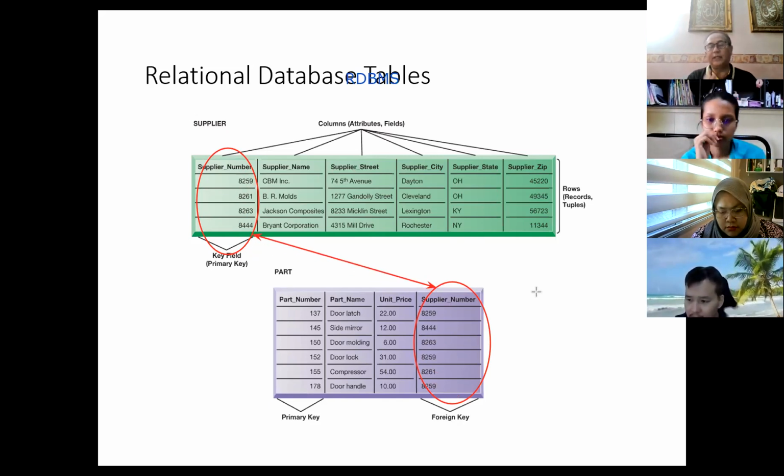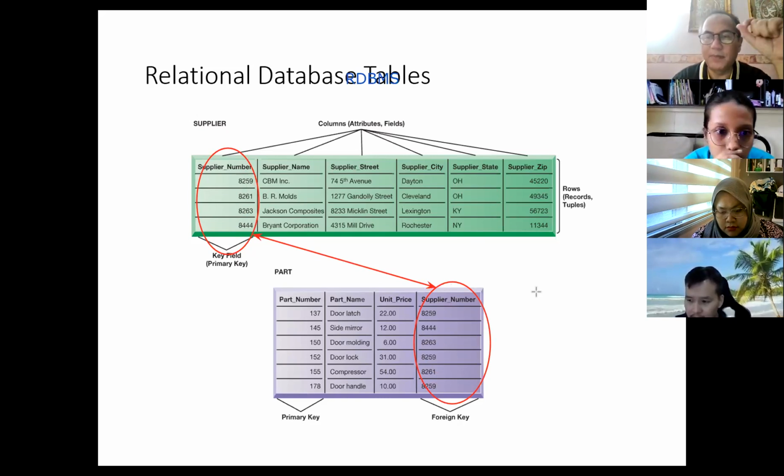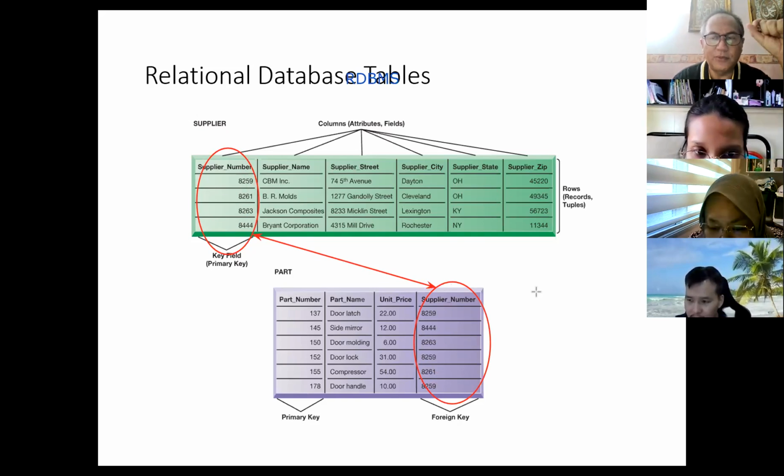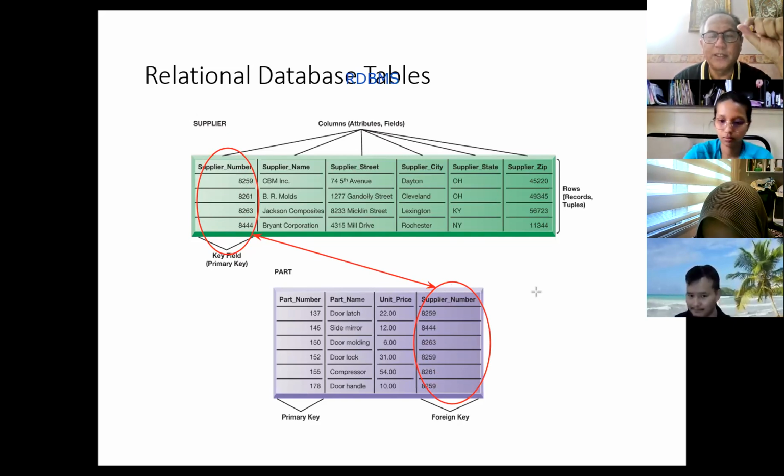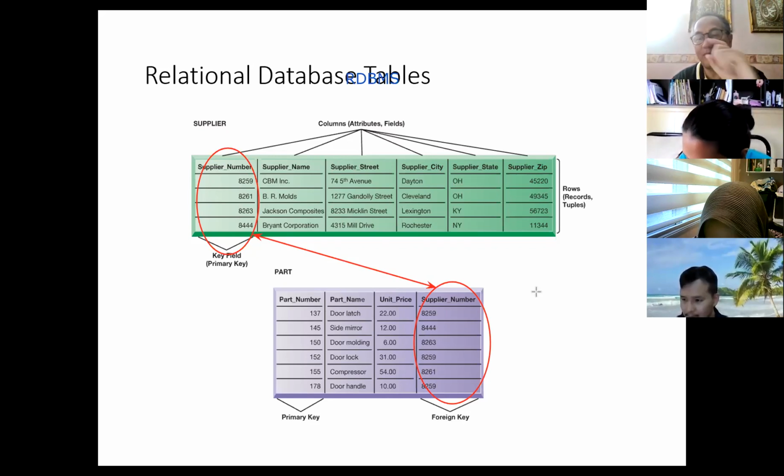The primary key is a unique number to refer to a specific record. For example, the record for CBM Incorporated has the primary key 8259. There is only one 8259, meaning that is the primary key. Like us, we have our IC number. That is the primary key, so it is unique for every supplier.